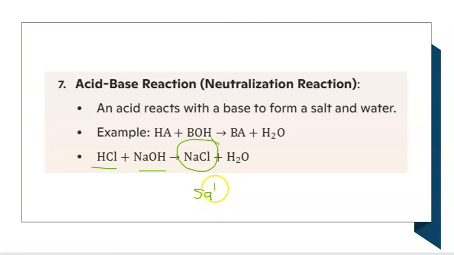This is a salt because it's made of a cation and an anion, and they are combined by an ionic bond. And at the same time, we always have water as a product in a neutralization reaction. It's a reaction between an acid and a base.